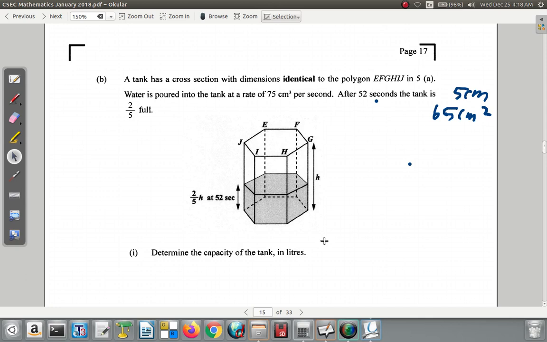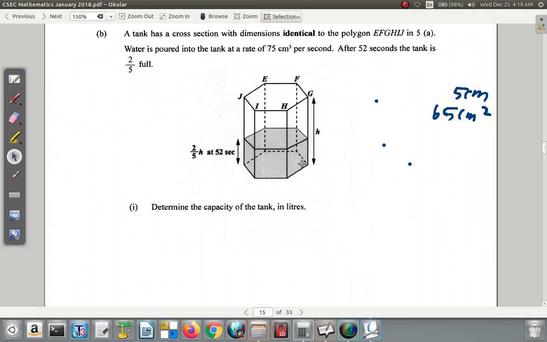Alright, what you're going to consider, you have a time of t equals 52 seconds. Can we move up a bit, make more space under the figure? Alright, we have a little more space to work.